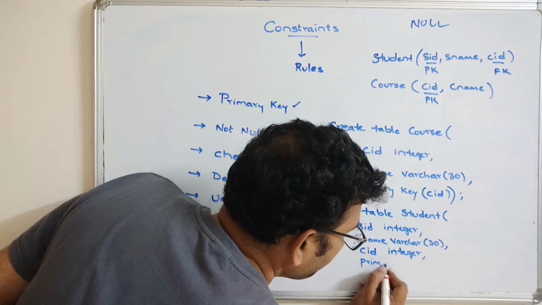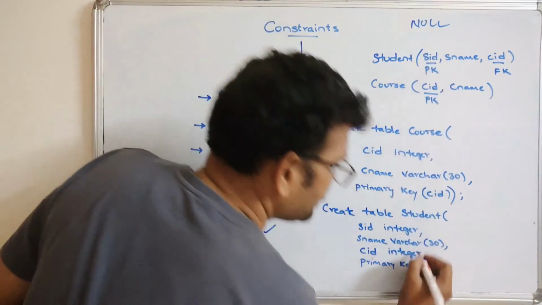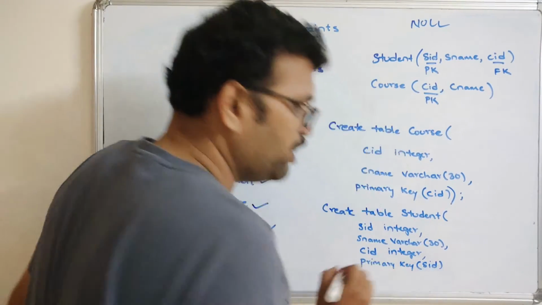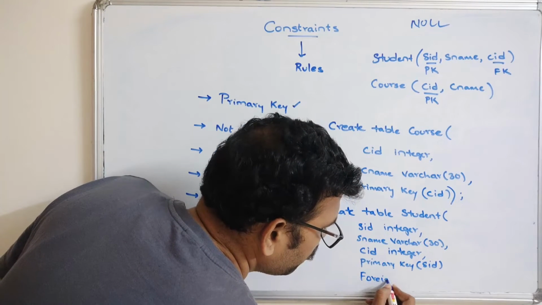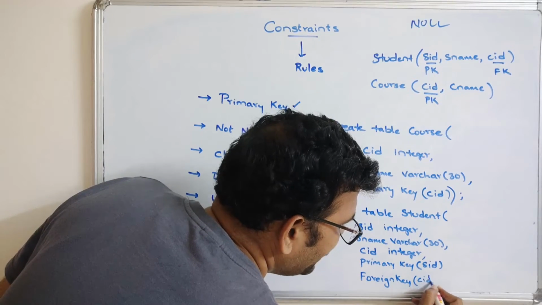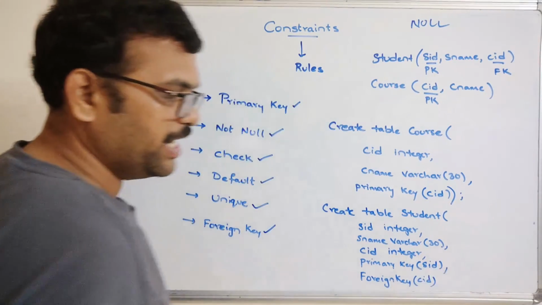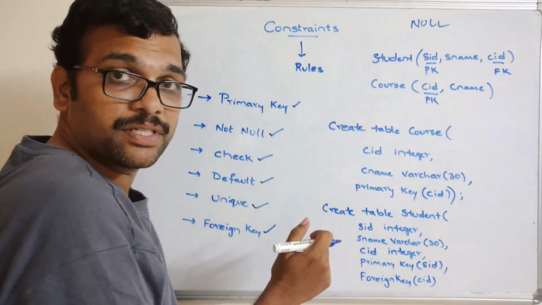What is the primary key for the student table? SID. So SID is the primary key, and we have to give the foreign key. So here we have to write foreign key of CID, which references the primary key of course CID.